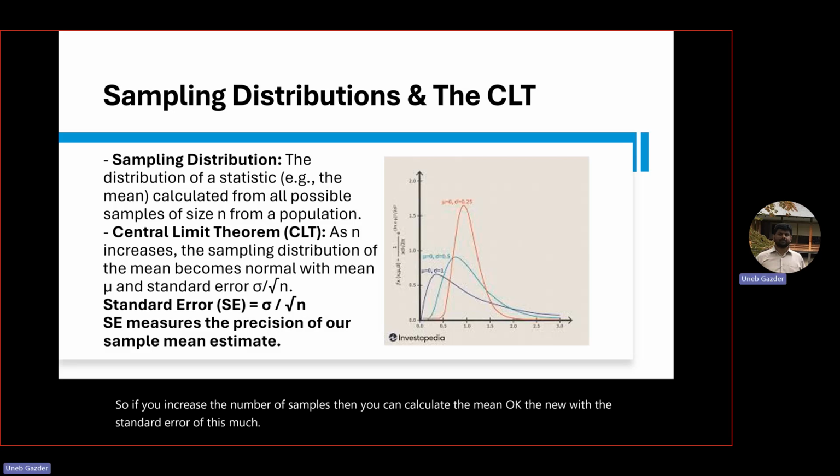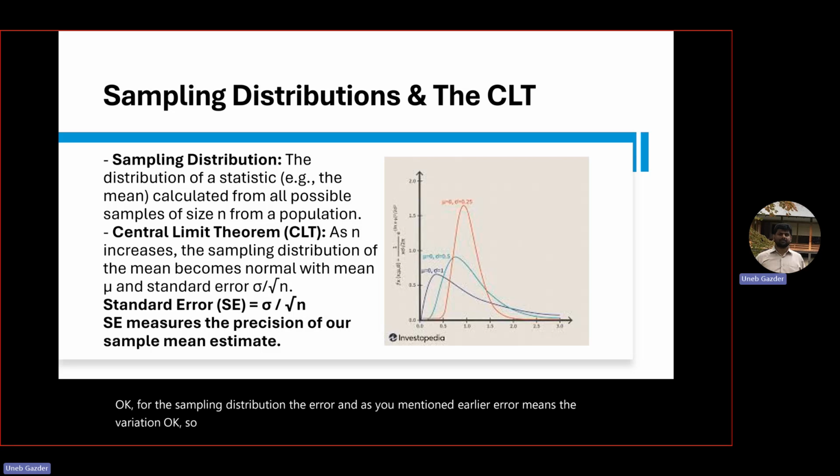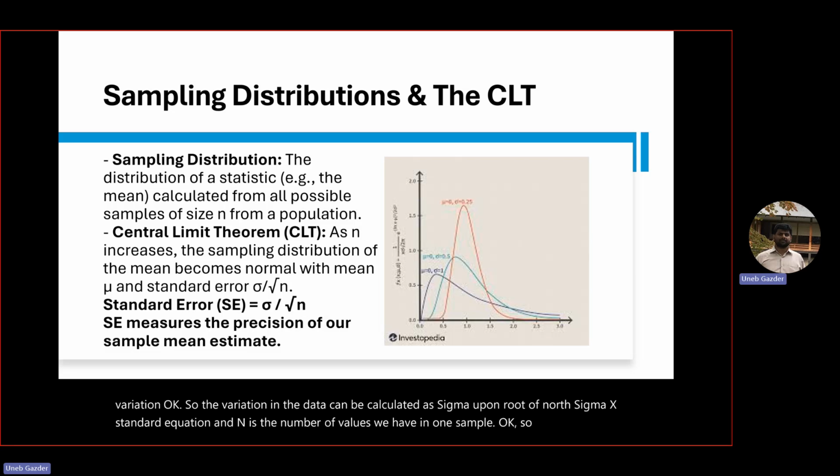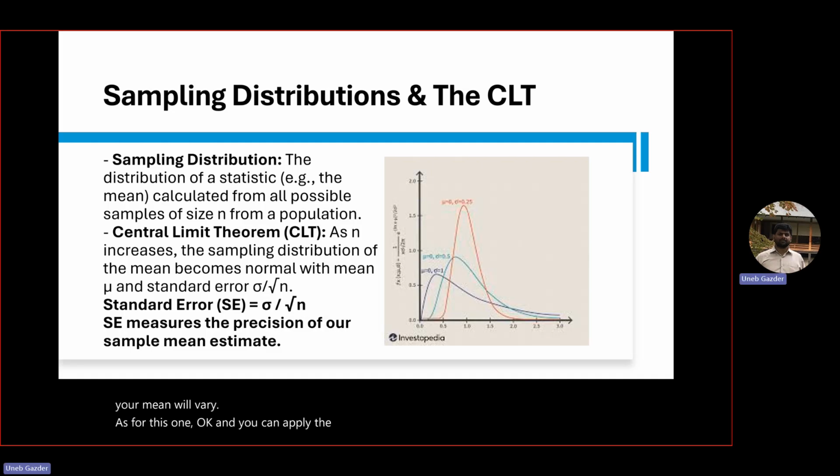For a sampling distribution, the error, and as I mentioned earlier, error means the variation, can be calculated as sigma upon root of n, where sigma is the standard deviation and n is the number of values we have in one sample. So your mu, or your mean, will vary as per this much. And you can apply the central limit theorem to this.